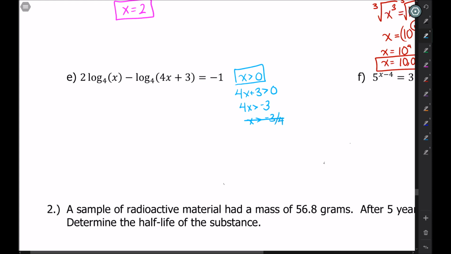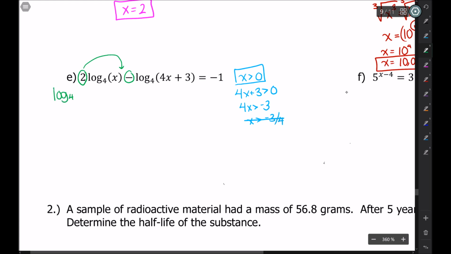So when I go ahead and solve this, I have some subtraction in this problem. Because I have subtraction, I need to write this log base 4 as a division problem. I also have this coefficient here, so that means I can bring this out in front. So I'm going to do this in 2 separate steps.